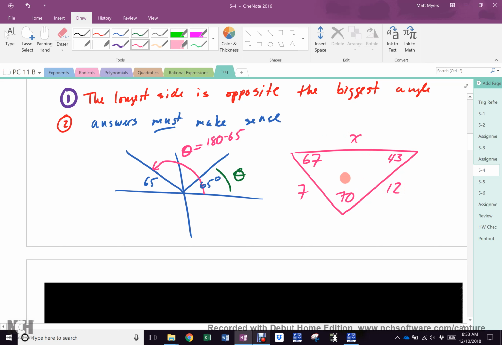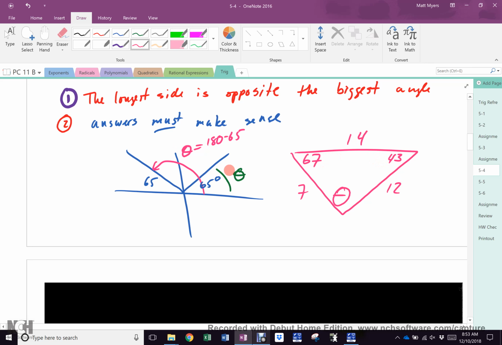If you did the work on this triangle, and I told you, let's make this 14. This triangle, what do you know about theta right there compared to 67 and 43? It has to be bigger than 67 and 43, right?